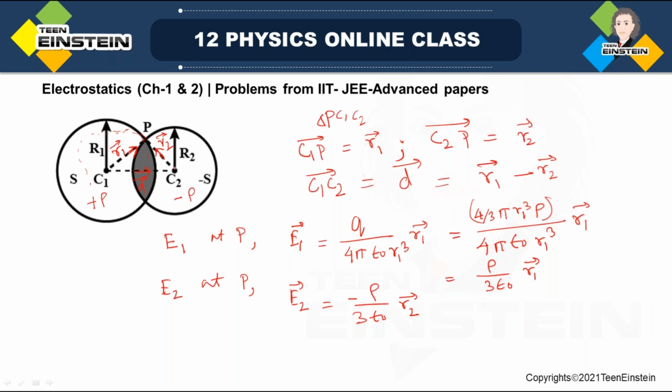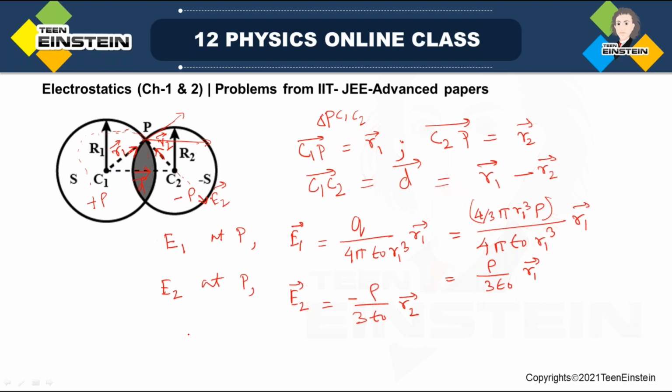Due to this minus, the electric field will have direction in this way, minus r2 direction, and E1 has direction in this way. So the resultant will be in this way, parallel to this direction.